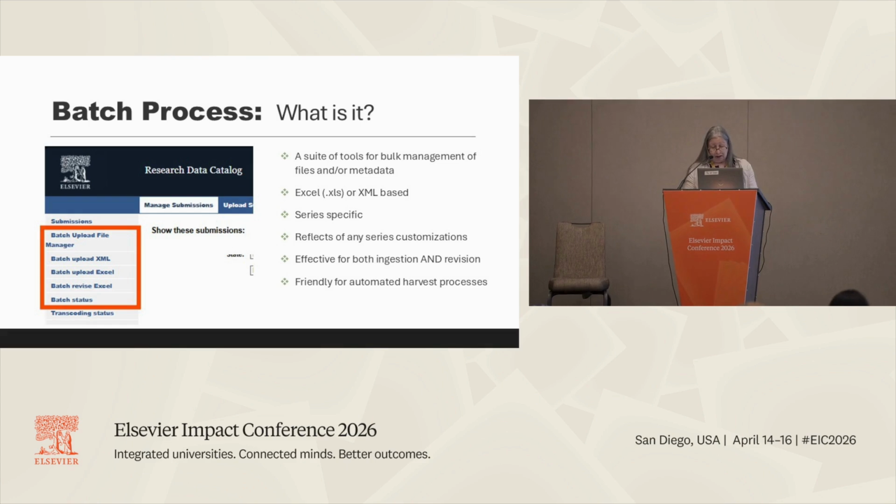It's XML or Excel-based, and because the tools are familiar, it's an easy way to streamline work and bypass the form for manual ingestion. As you can see here, there are separate components for upload, item record uploads, and revision.